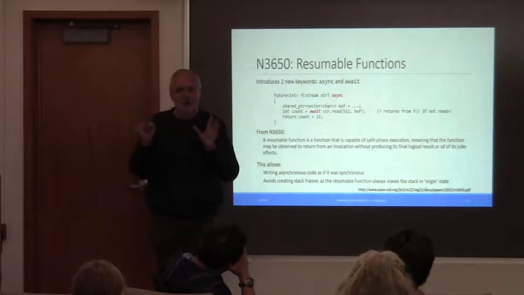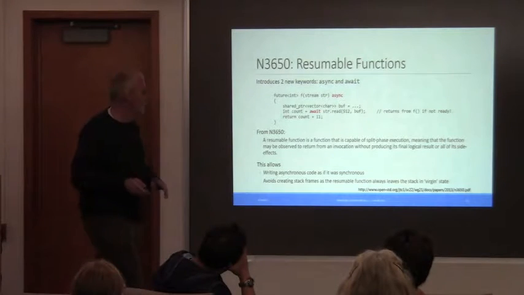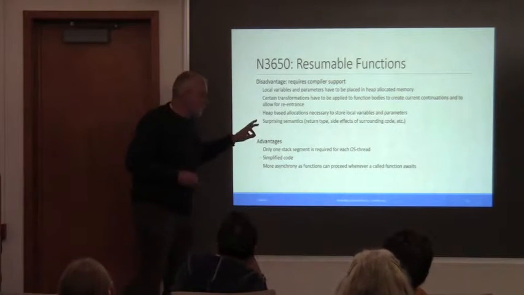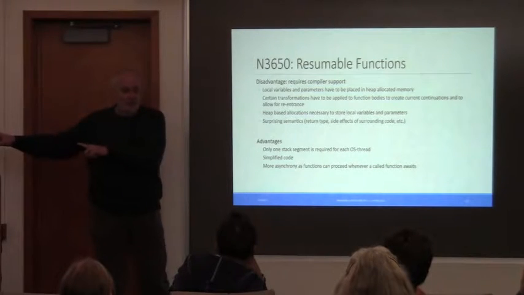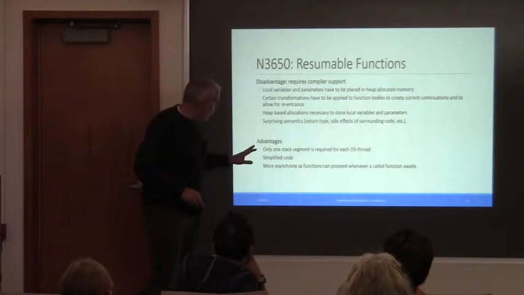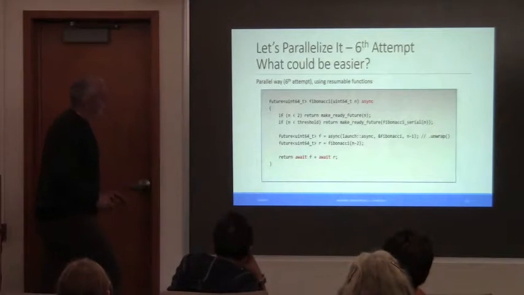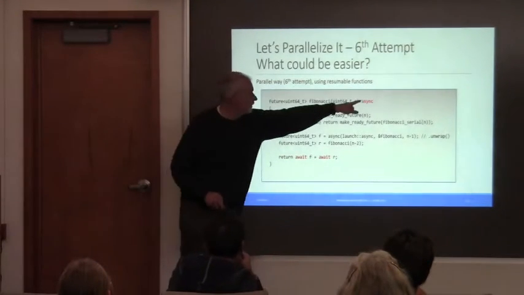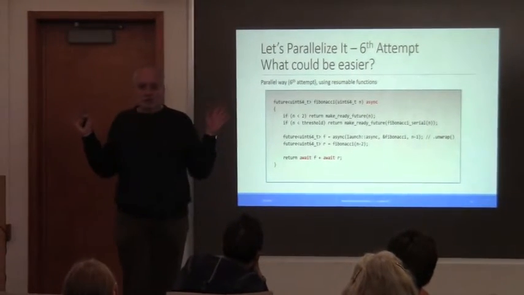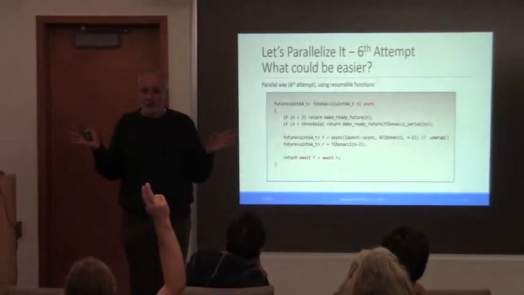So it's controversial. Let me put it that way. But its advantage is you can do it on one stack segment because the stack is left in a virgin state when you leave it. Simplifies code, and you get more asynchrony. If you apply that to our future function, we just do async. Await. Ta-da! That's it. Yes?